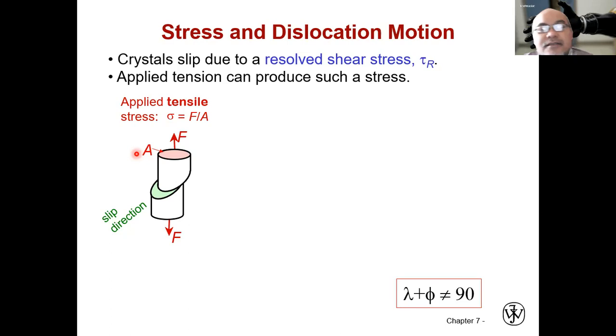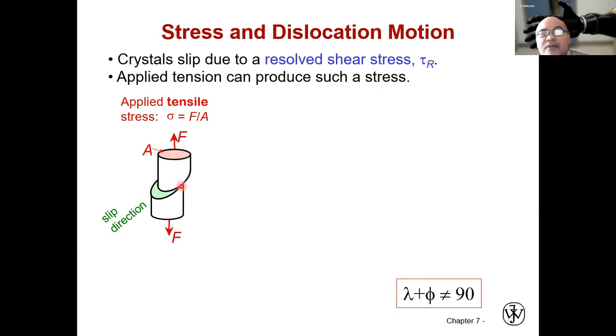Crystal slip occurs due to a resolved shear stress. When we apply an axial tension, the direction is of course perpendicular to the area.